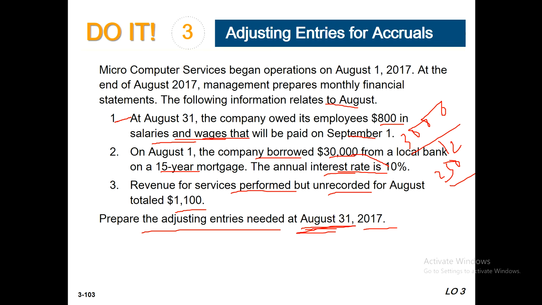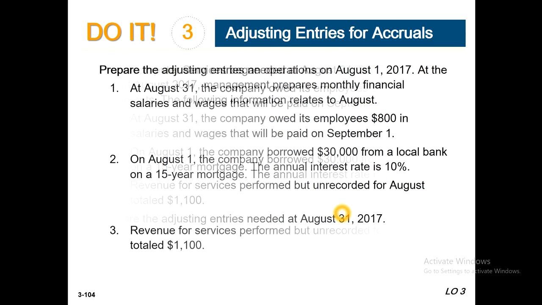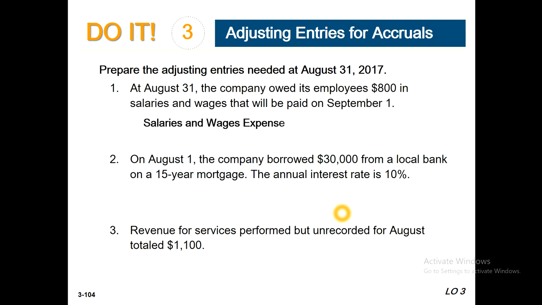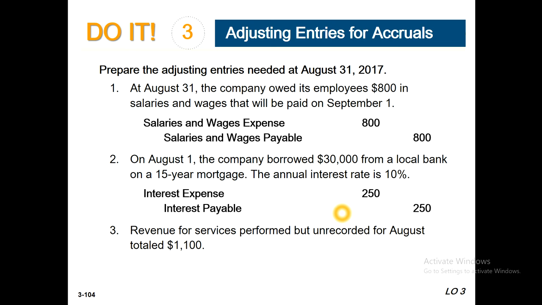It is service performed but unrecorded, a very simple answer. Accounts receivable will be debit and service revenue, that means revenue, will be credit here. So this is the solution. You can check it: salaries and wages expense debit and payable credit, interest expense debit and payable credit, and accounts receivable debit and revenue credit. Okay, I think everybody is clear.